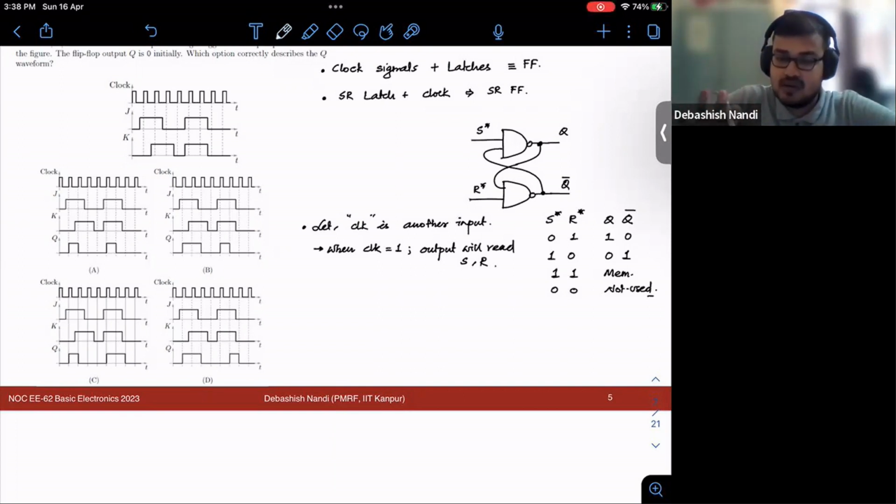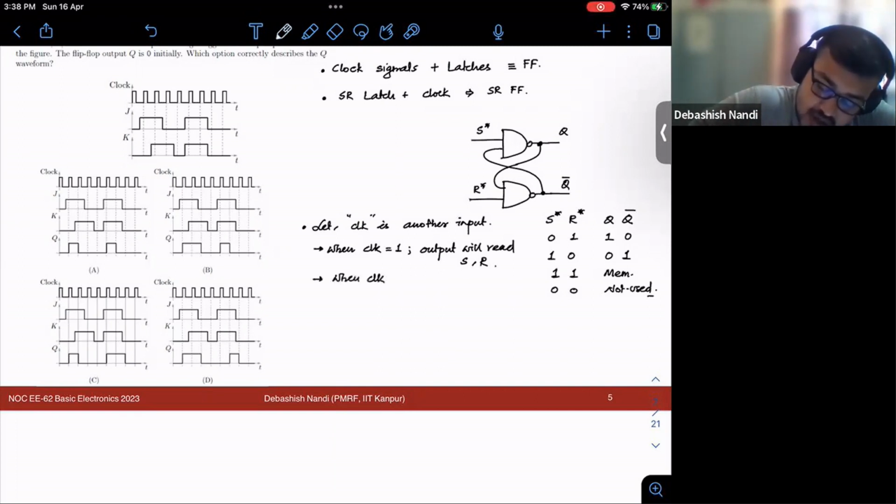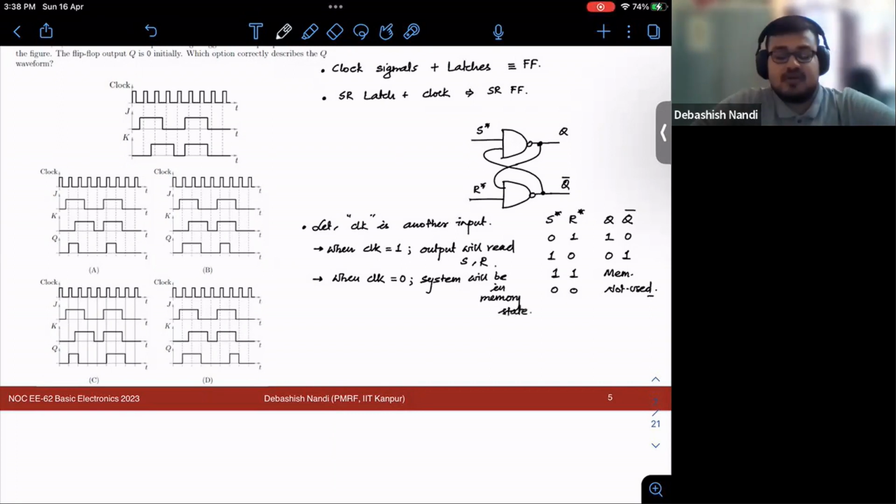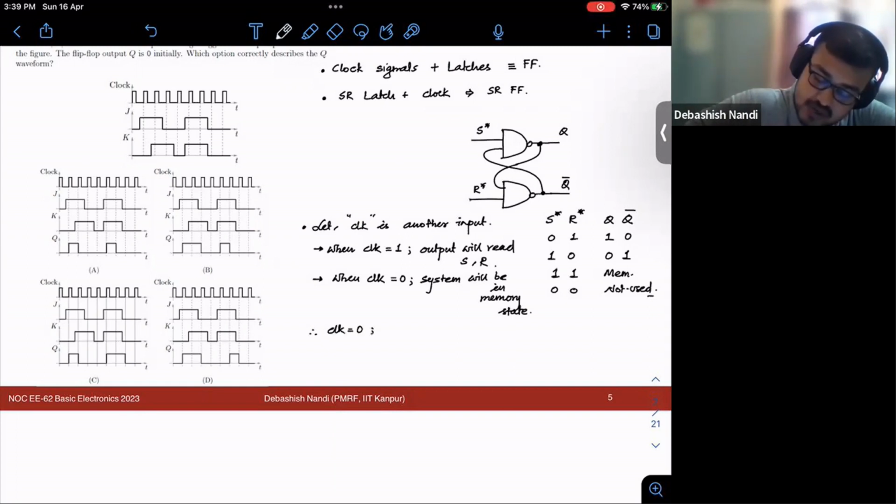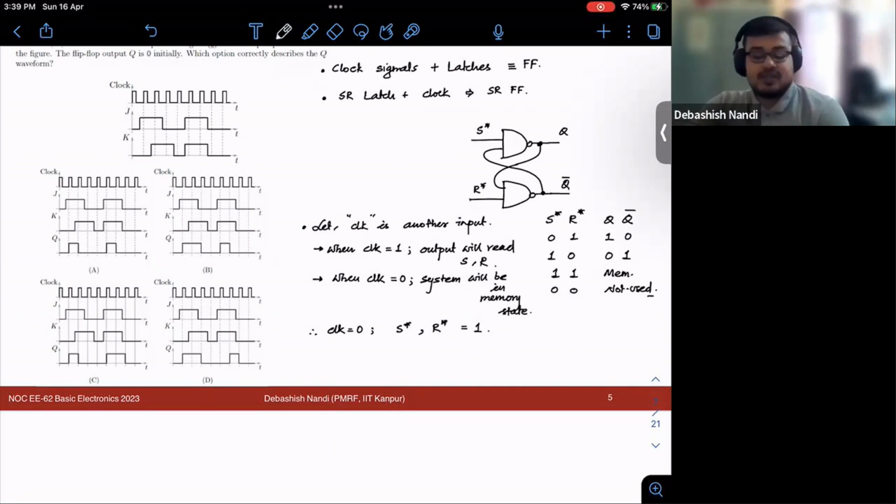And when clock is 0, that means system will be in memory state, right? You need that when your clock is 0, your S bar and R bar are 1. Then only this latch will be in memory state.